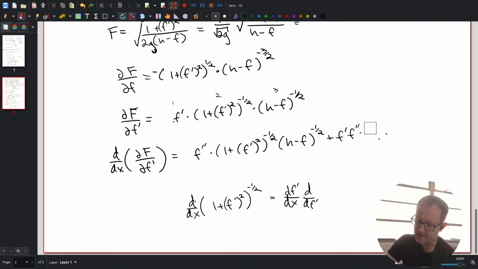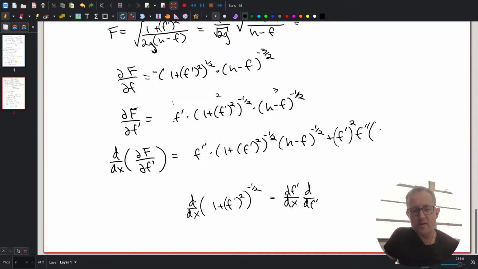Oh, yeah, I also need that 2. So f prime squared, f double prime. Yeah, it gets long, but we are getting an actual differential equation to help us define what that function f should be. So it takes a while, but we're chopping away at it.